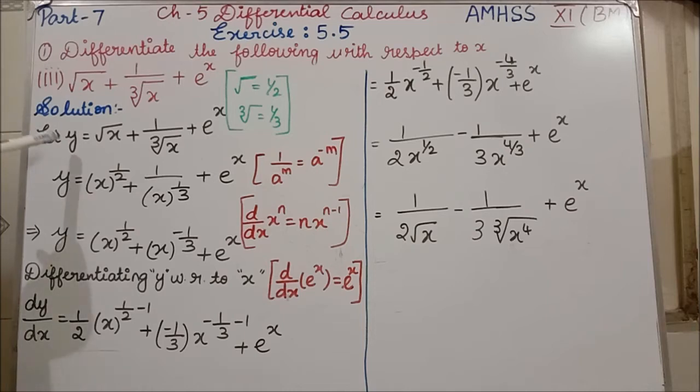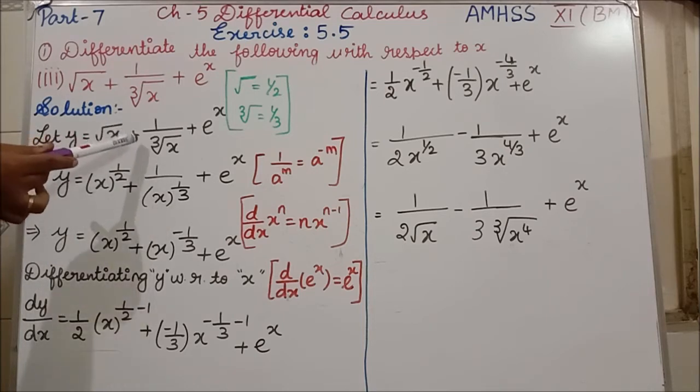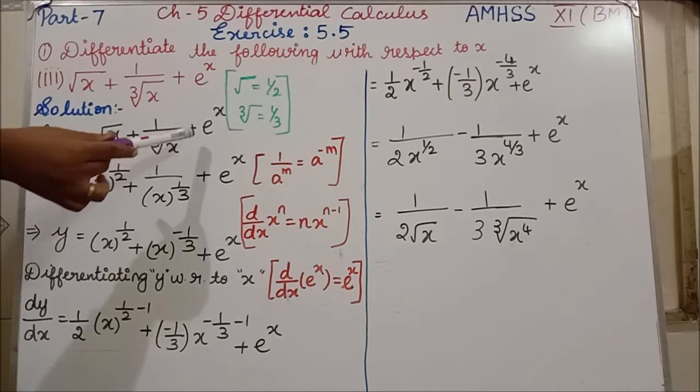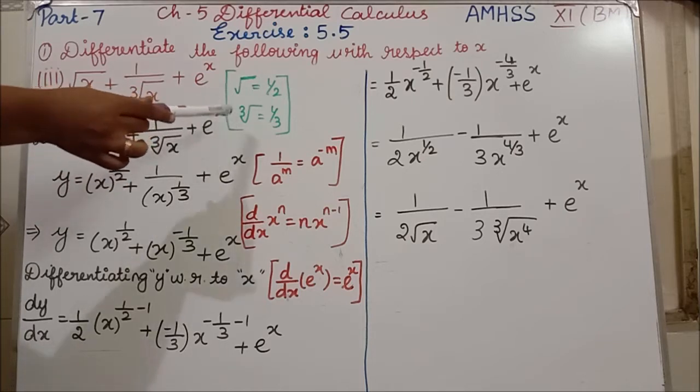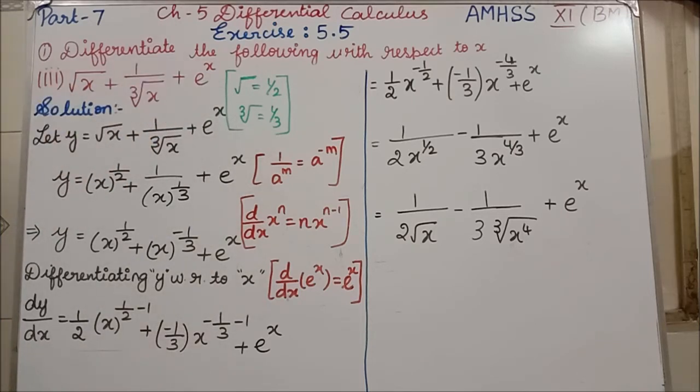So we are writing y equal to square root of x plus 1 divided by cube root of x plus e power x. This is our question. Before differentiating, we have to convert it. If we have a square root, we cannot differentiate directly, so we have to convert it in some steps. Then only we can differentiate.